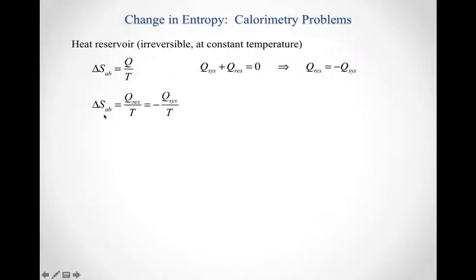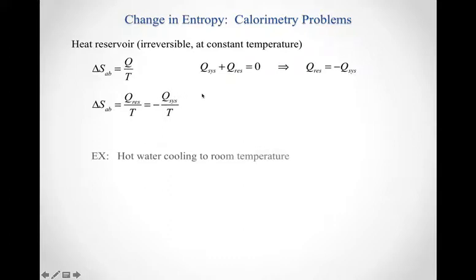So in terms of doing this calculation for the entropy change, it's true that that's the energy taken in or given up by the reservoir at the temperature at which the reservoir sits. But the way that we end up doing the calculation is that the energy transferred to or from the reservoir is negative the energy given up or taken in by the system.